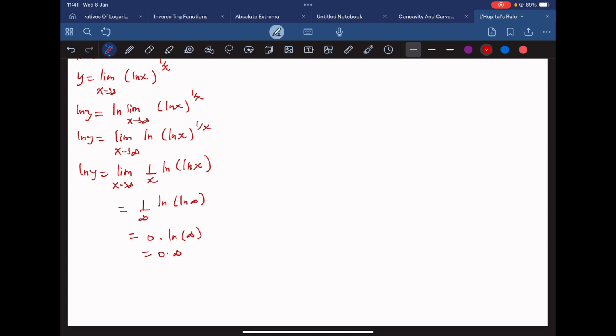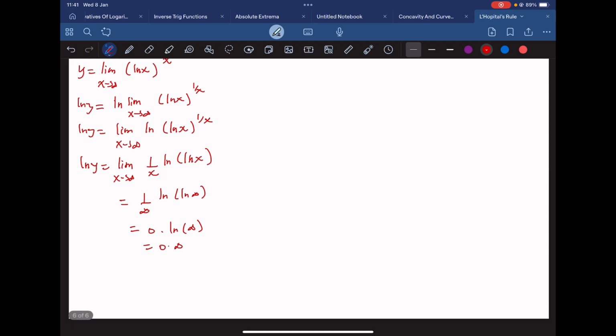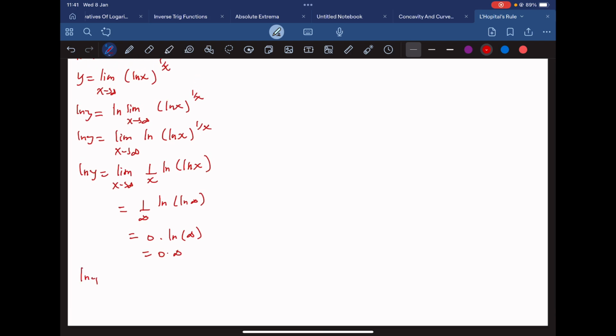And remember, if we have this indeterminate form, we will rewrite the expression. So we have ln of y. And in rewriting the expression, remember we write the second term first. So we have ln of x. Then we find the reciprocal of this. Reciprocal of 1 over x is just x.